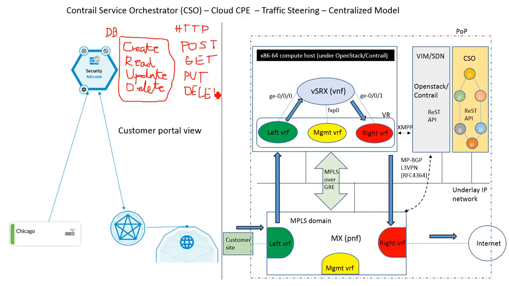So these verbs that we see in HTTP, the same verbs, they're married to DB operations like create, read, update, delete. So post, create, get, read, put, update, and delete.